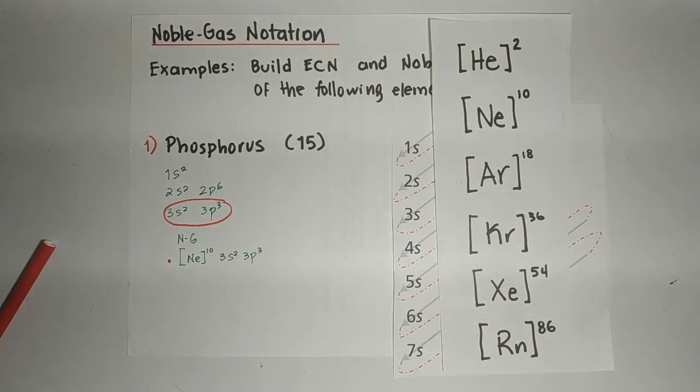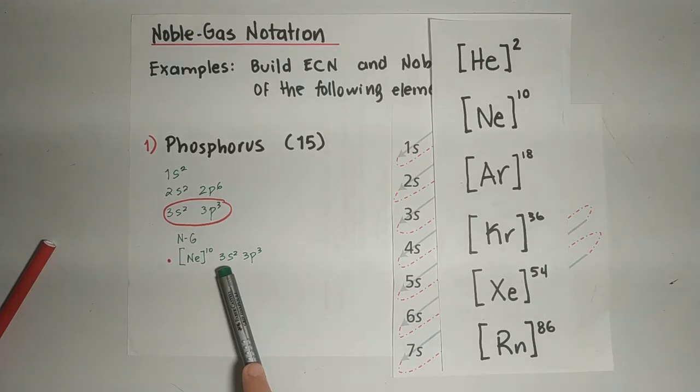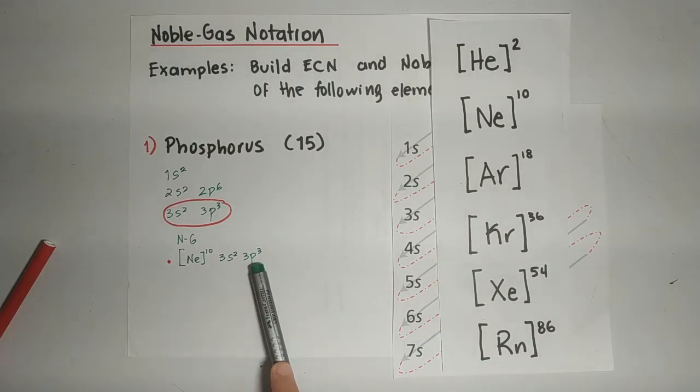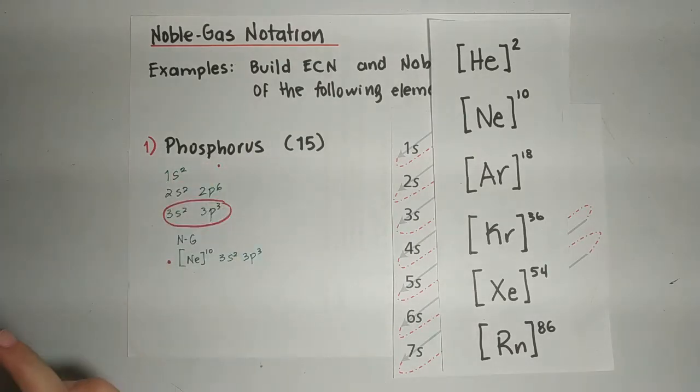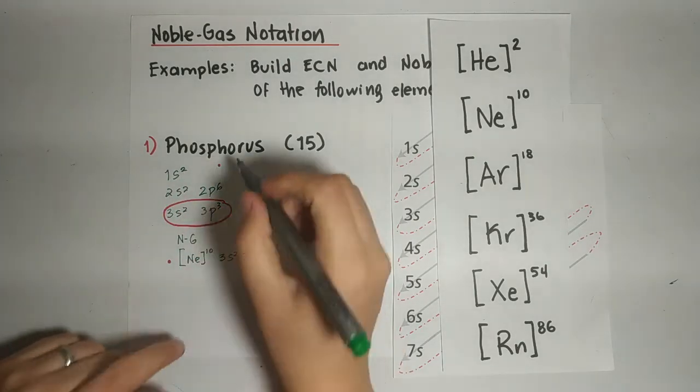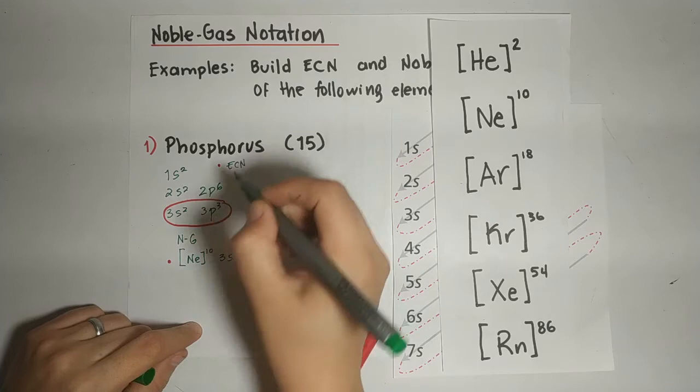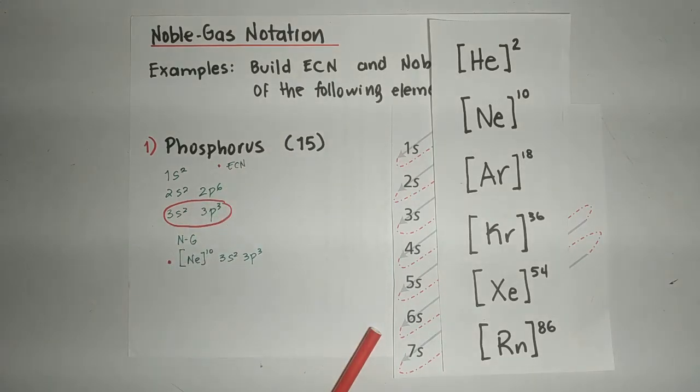If you see in your periodic table, that will be your homework. Check in your periodic table that at the bottom of phosphorus you're gonna have the same: neon 3s2, 3p3. Check that everything that we do here is correct. So remember, this is the electron configuration notation, and this is the noble gas notation.